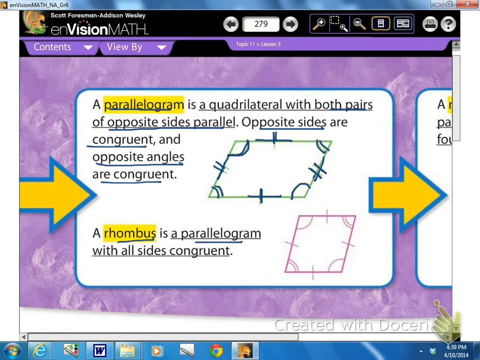So it has all of this that's going on up here. We have opposite sides parallel, opposite angles congruent. The difference is, an added property is that all sides are the same length, which is why they all have that one hash mark, because all sides are congruent, the same length.